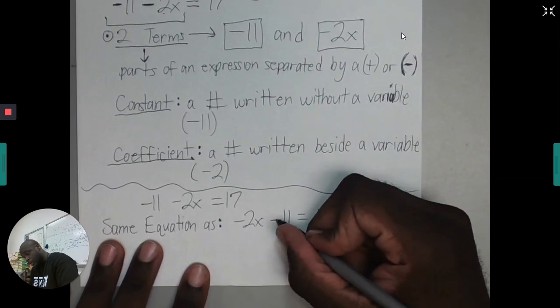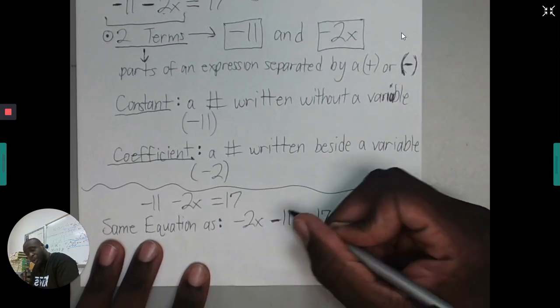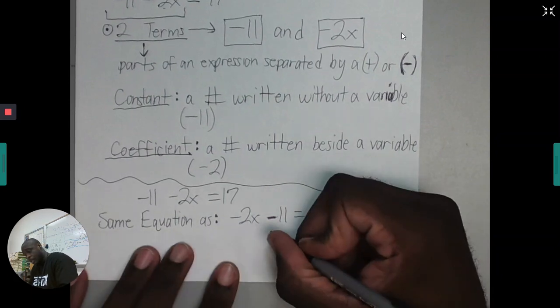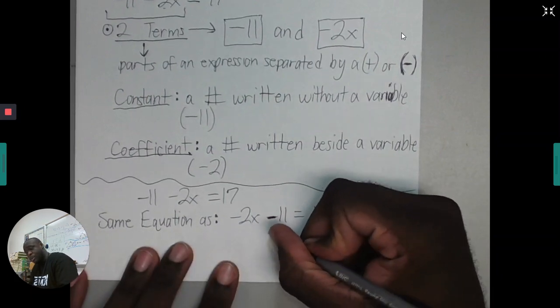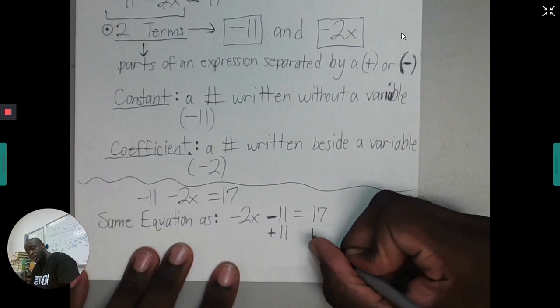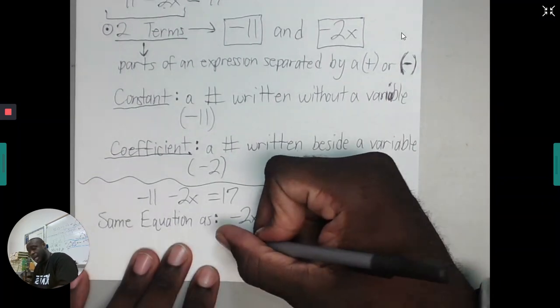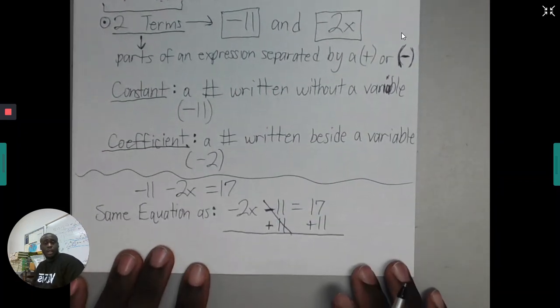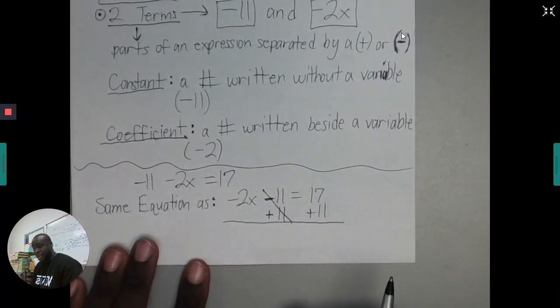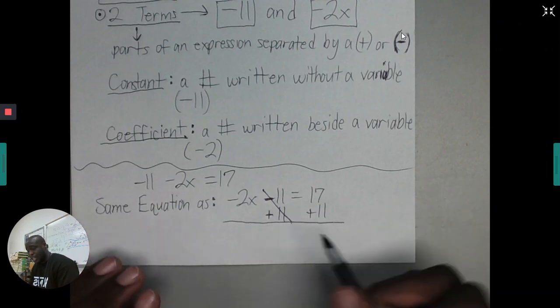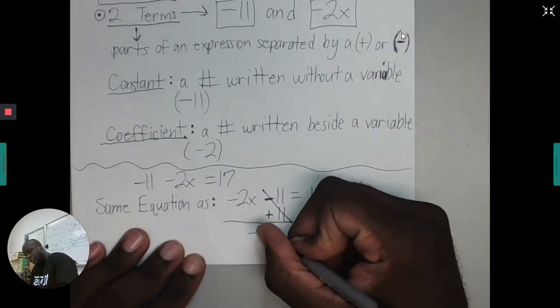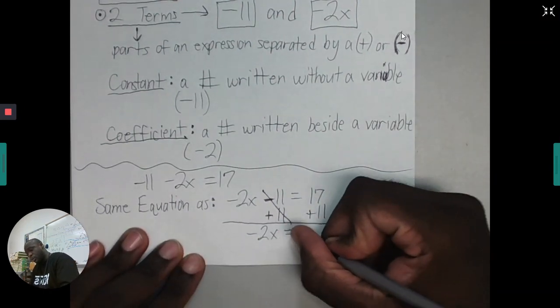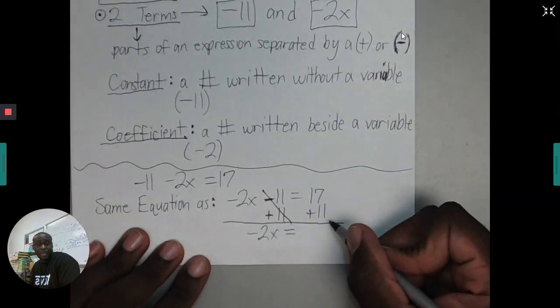Since that is subtracting 11, the inverse operation is adding 11. So we add 11 to both sides of the equal sign. Our constant has been canceled out. Now we're left with -2x equals 17 plus 11.